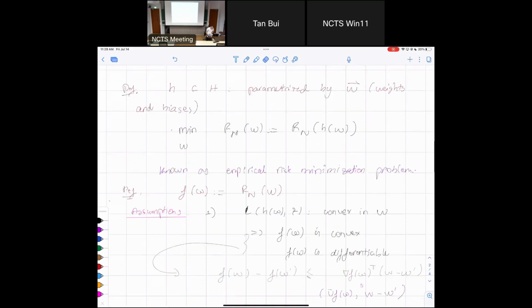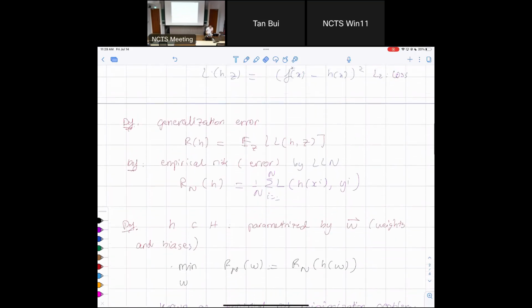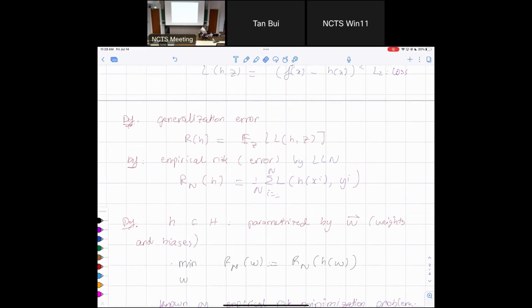There's a loss function up here, and we have an empirical risk here, and F is the empirical risk. We're going to look at the gradient of the loss functions.